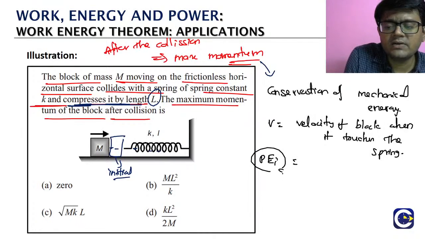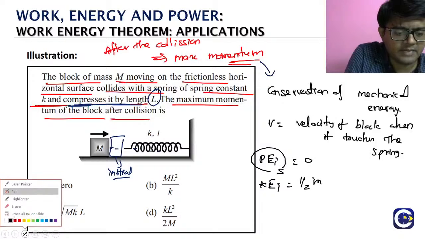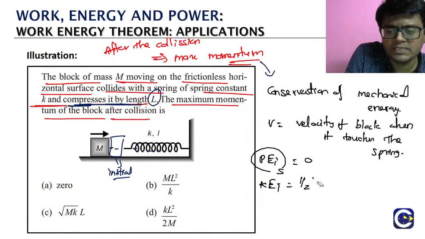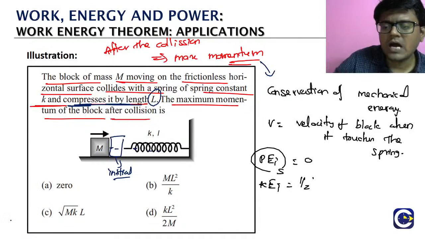The spring potential energy is 0, because the spring is in its natural state. The kinetic energy is half M v squared. What mass do we use? Capital M, because whatever they give, we have to use the same. The mass of the block is capital M. So half into capital M into v squared.